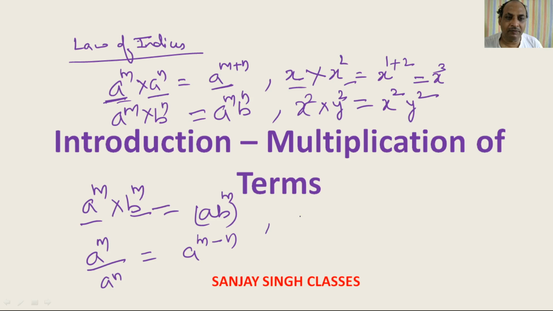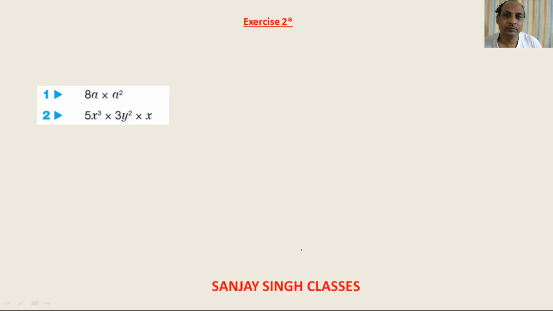But if we are given a to the power m by b to the power n, whereas a is different, b is different, bases are different, in that case we will not be doing anything, it will be left as it is. So these things we are going to utilize in our further calculations. When we will be solving these questions, you will be able to have a better understanding.